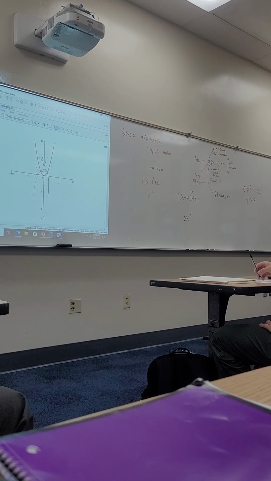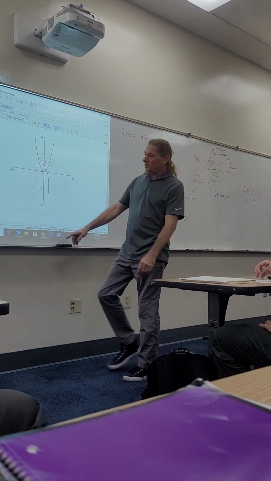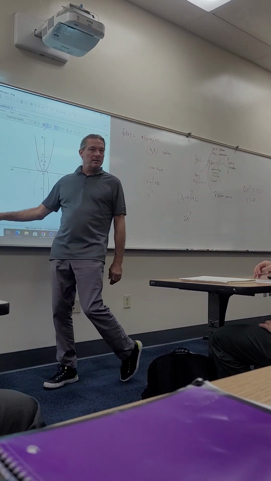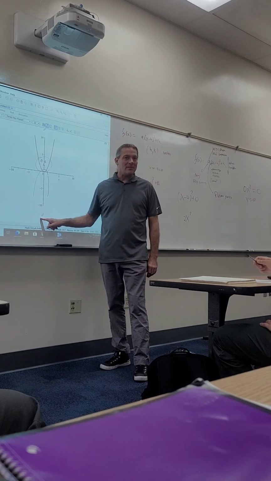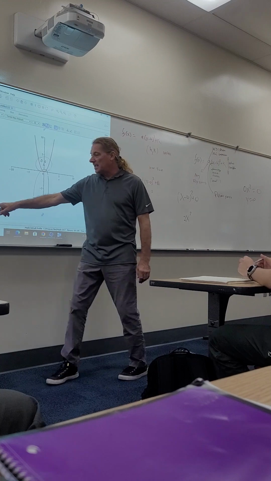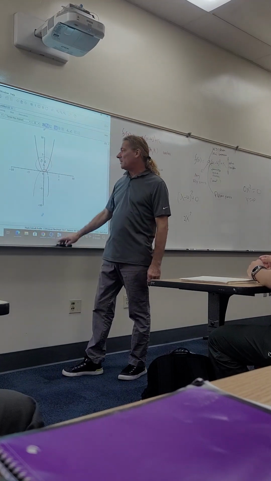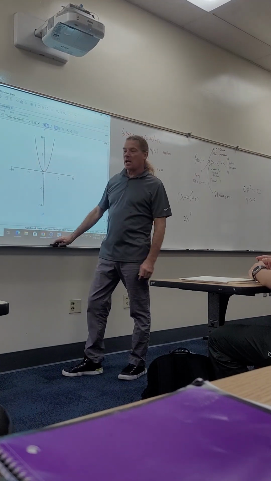Let me put the square out here. See what the software did? It said, if you put a negative on the inside, it isn't doing anything. When I graph negative x squared, it's going to just look like positive x squared, because it's not going to do anything.